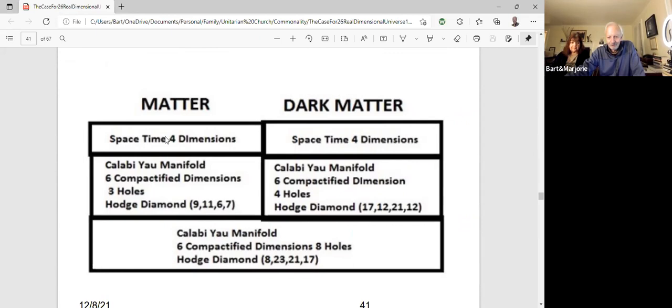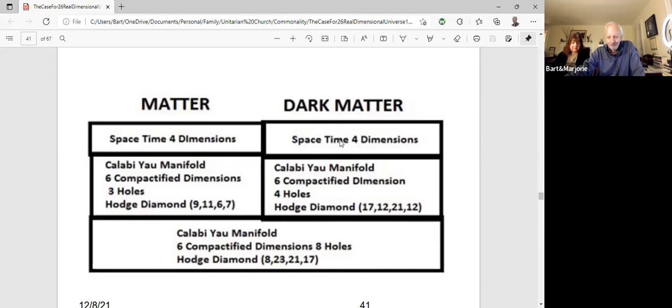So if we look at this, we have 3 space and 1 time. So down here we have 6 dimensions. So there's probably three for space and 3 other for space, multiplied by the square root of -1, which gives us a pairing with the space dimensions we have up here. Time is itself.